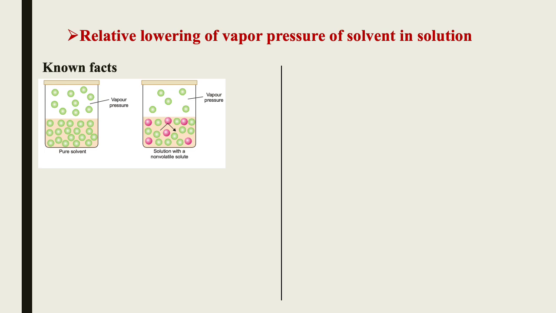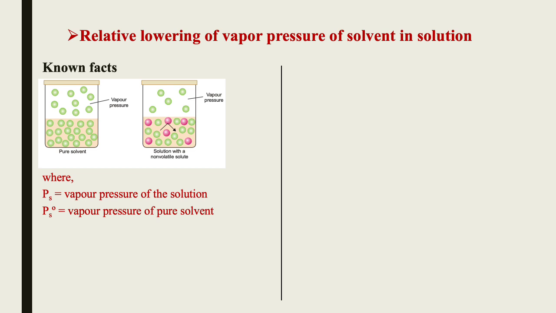So that solute will hold back the solvent molecules. Since this is a dilute solution, a smaller number of solvent particles will be in the vapor phase. That's why the vapor pressure will be less than the pure solvent vapor pressure. We call it lowering of vapor pressure. So this is the fact.